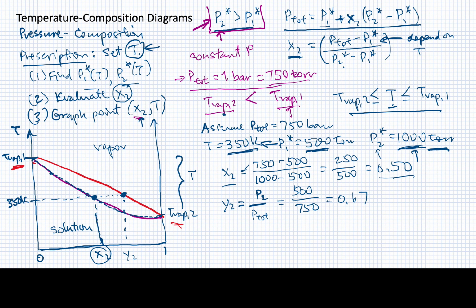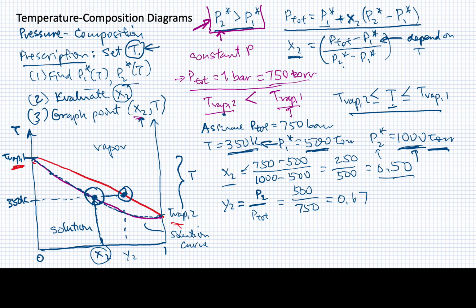As I raise the temperature up here, this is the point at which it would begin to boil. And when it boils, it would come over here, and this is the mole fraction of the two components that I would find in the gas phase when it is boiling at this point. So the lower curve is the solution curve, and it tells me the point at which boiling begins.